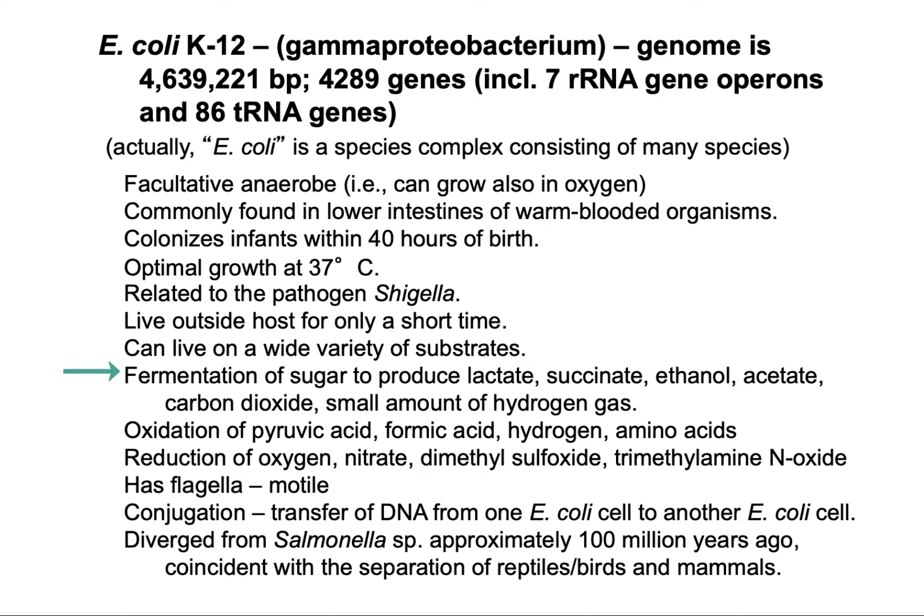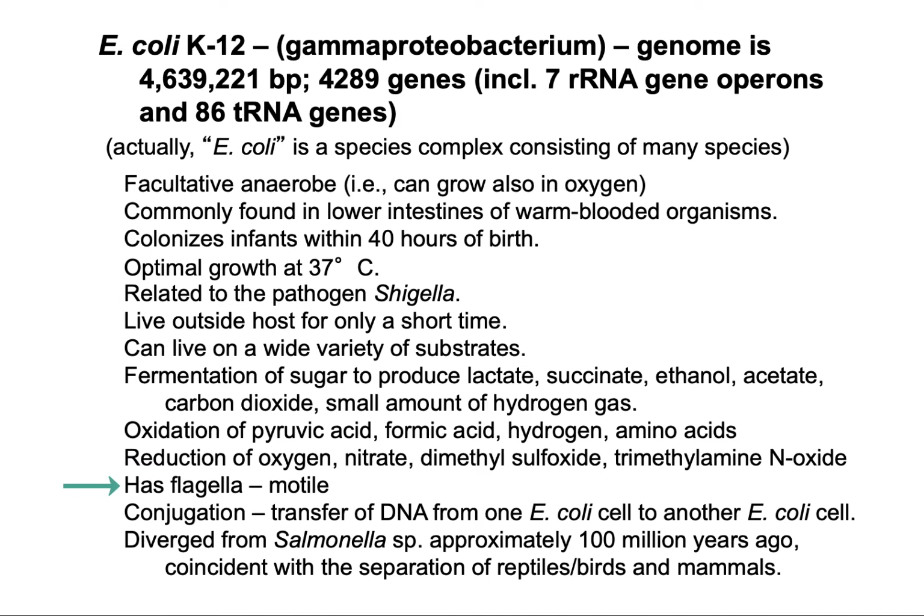That tells you something about the number of enzymes it needs to do those different processes. It can also oxidize pyruvic acid, formic acid, hydrogen, and amino acids, and reduce oxygen, nitrate, dimethyl sulfoxide, and trimethylamine oxide.